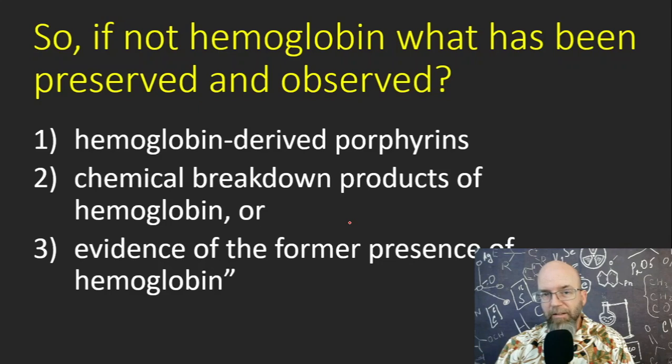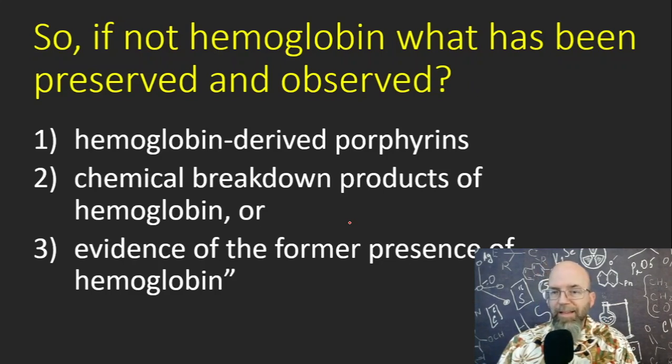I'm going to say that from my reading of the literature, what has been found are hemoglobin-derived porphyrins, to be precise, but I'm going to show you what those are in a moment, or chemical breakdown products of hemoglobin, right? They are the end result of a chain reaction of decay that results in a product that we then identify as the breakdown products of hemoglobin.